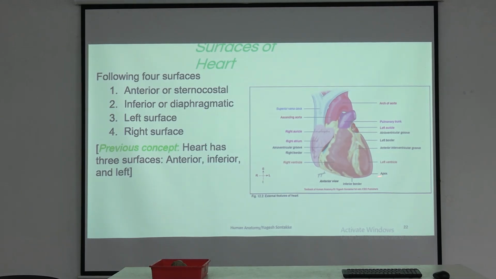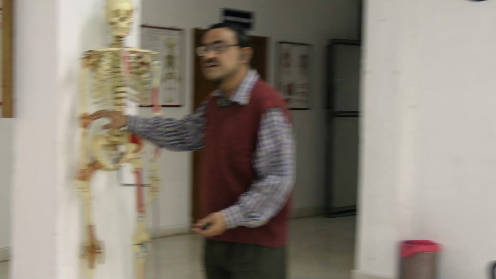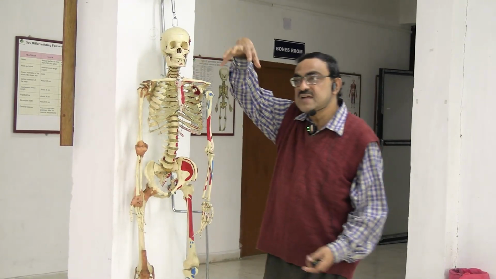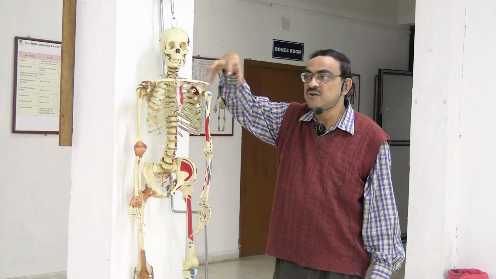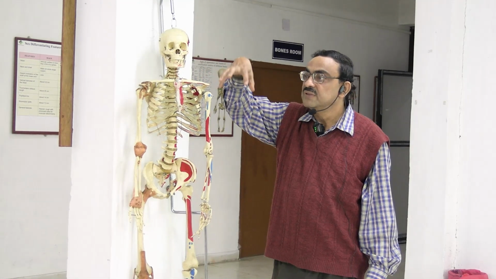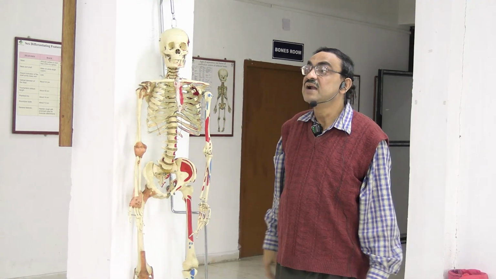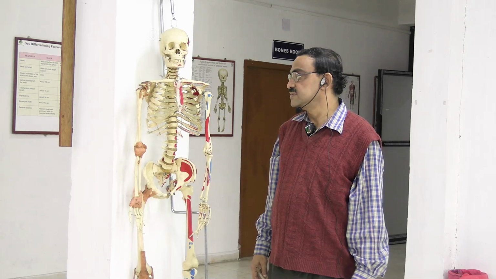And another surface which is resting over the diaphragm, majorly on the central tendon of the diaphragm, that part is called the diaphragmatic surface.